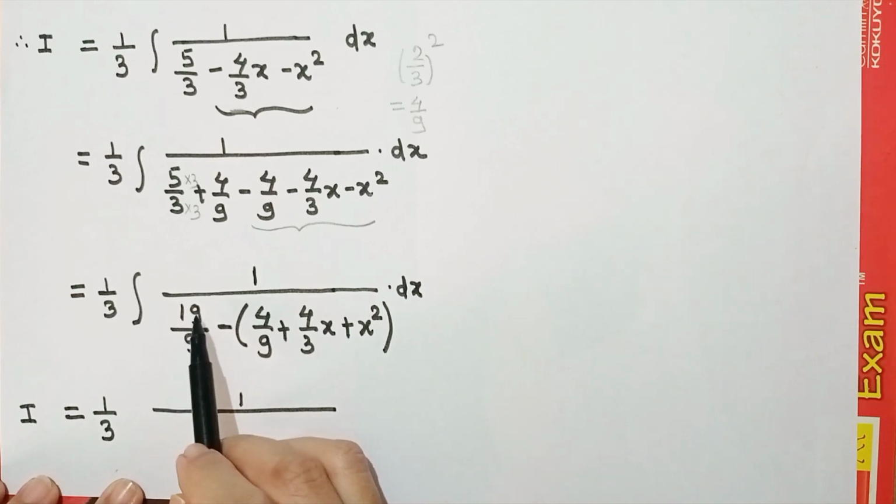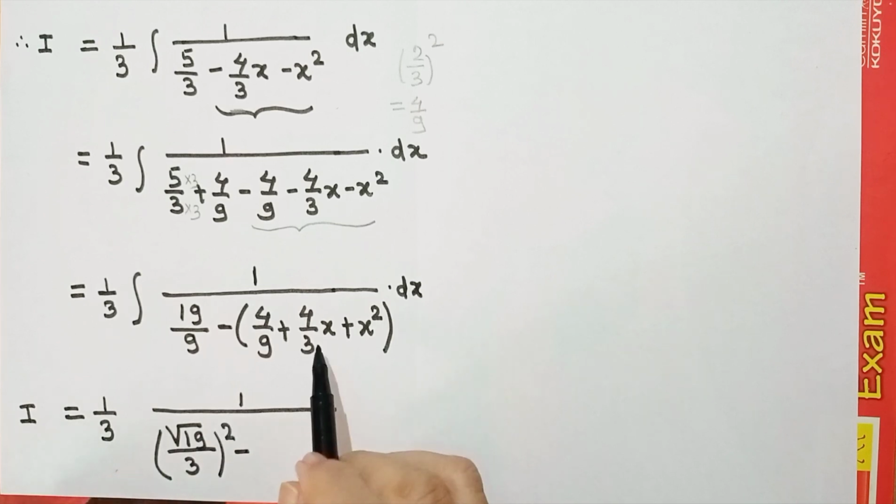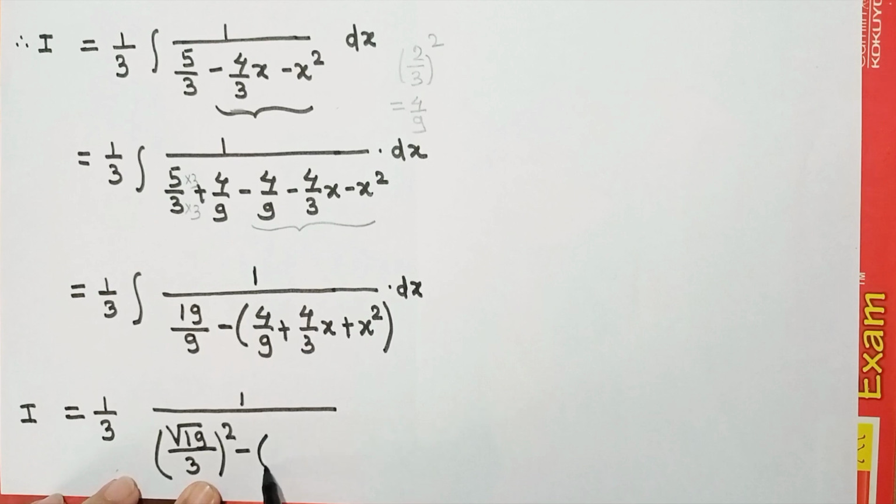Now check, we will write this as root 19 upon 3 and this bracket square, minus again this is the expansion of x plus square root of this is 2 by 3 bracket square dx.